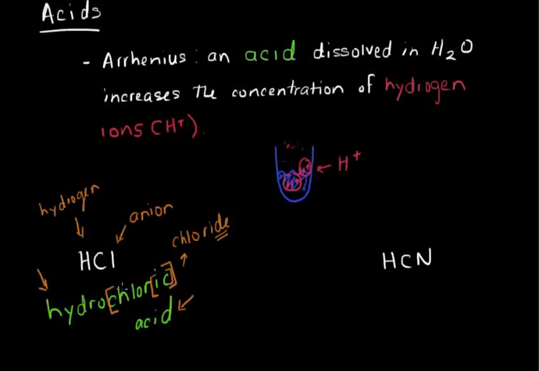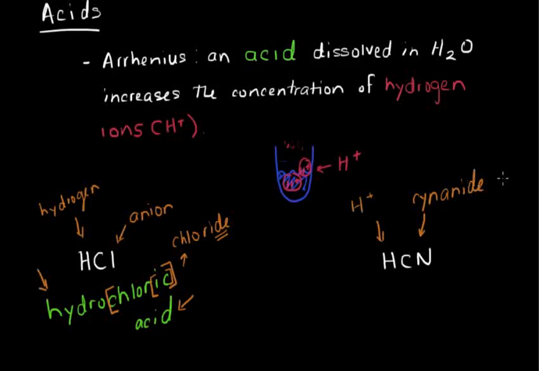So let's apply these rules to this next compound. You may remember this polyatomic ion as being cyanide. Remember that if there were a cyanide outbreak, it would be on CNN, and so cyanide is CN. We can tell this is an acid because it's got a hydrogen attached to its anion.